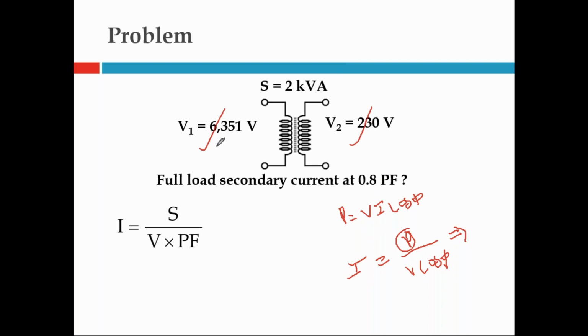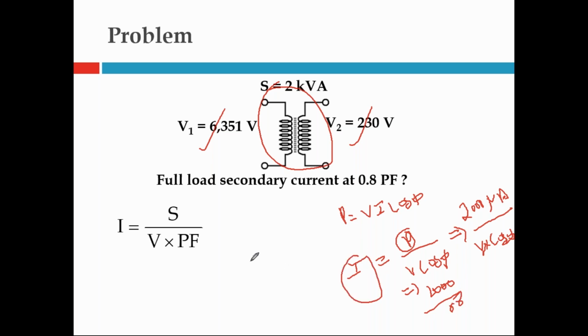The power rating of this transformer is 2000 volt amperes. You have already seen that for the AC test. Now similarly, I equals S divided by V into cos phi. So V will get cancelled. 2000 divided by 0.8, then we will get the current.